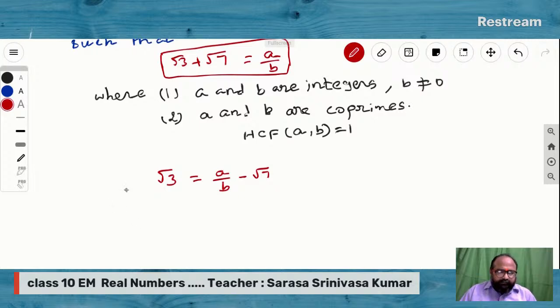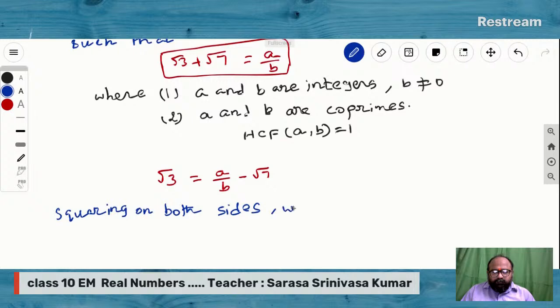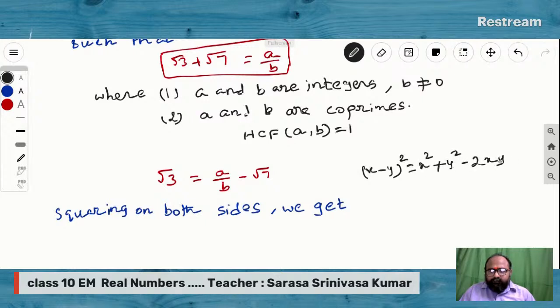Squaring on both sides, we get, to square on both sides, we use the formula x minus y whole square equal to x square plus y square minus 2xy.